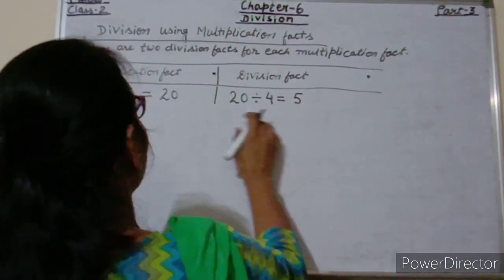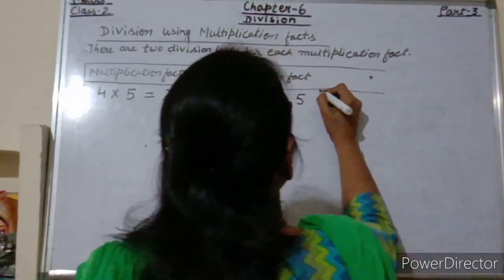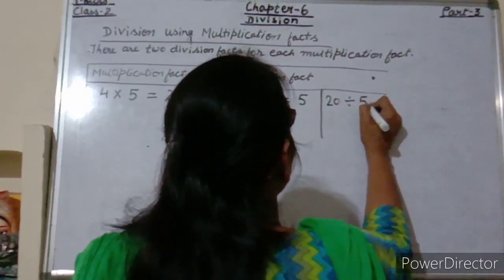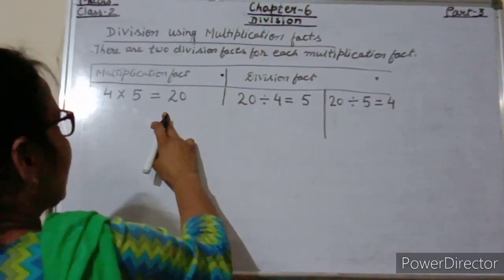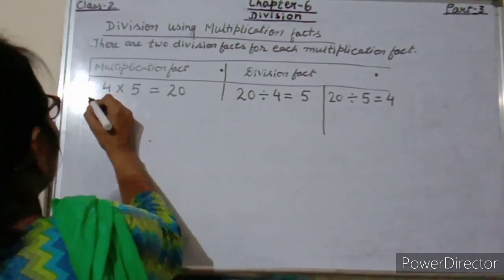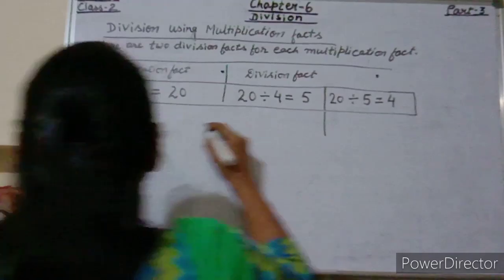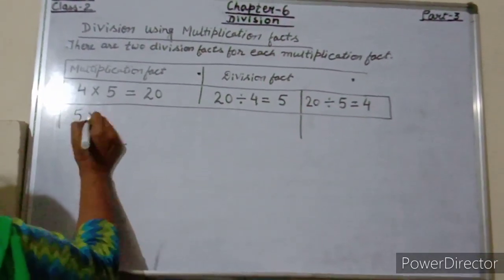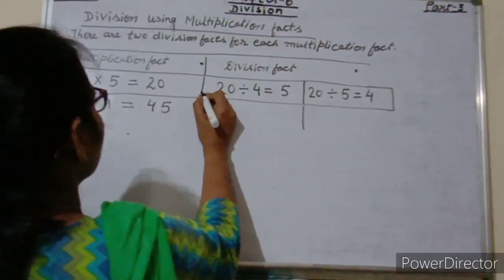And again we will divide 20 by 5. See, 20 divided by 5 is equal to 4. So students, see, there are 2 division facts for each multiplication fact. So one more example I am giving you. 5 into 9 is equal to 45.